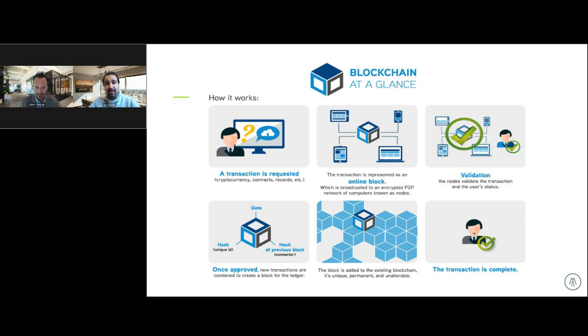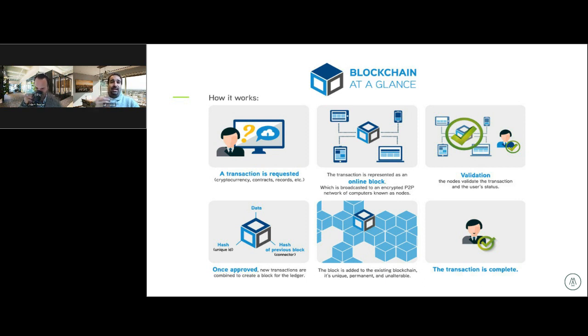Think of it as a financial ledger that duplicates and distributes transactions across a network of computers participating in the blockchain. The network of computers are called peer-to-peer nodes. Every transaction in the ledger is authorized by a digital signature of the owner, which is a hash, which authenticates the transaction and safeguards it from being tampered with.